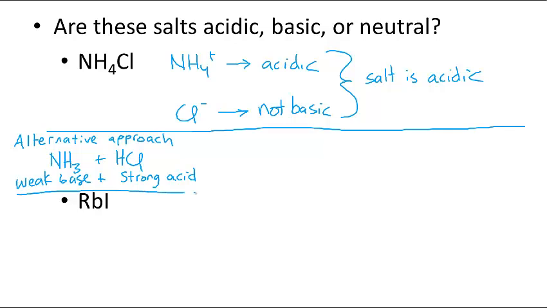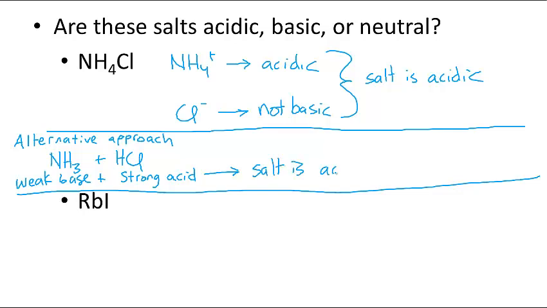So if you have a combination of a strong acid and a weak base, what would that tell you about the combination? Who wins? The acid. So strong acid plus weak base leads to the same conclusion. So you can think of it that way.